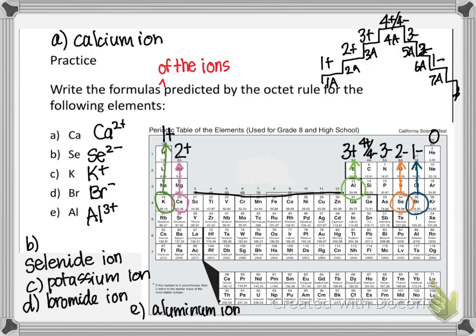Let me say one other thing for the 4. These are the 2 elements right here that we might see with 4s, tin and lead. So that's not uncommon. And we'll get to it. I just want you to be exposed to it.